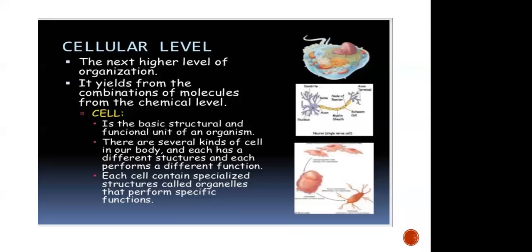Inside the cell, the main components like nucleus, cytoplasm, and organelles like the endoplasmic reticulum. The endoplasmic reticulum, nucleus, all these are considered cell organelles, which are coordinated with each other. So let us see once again.